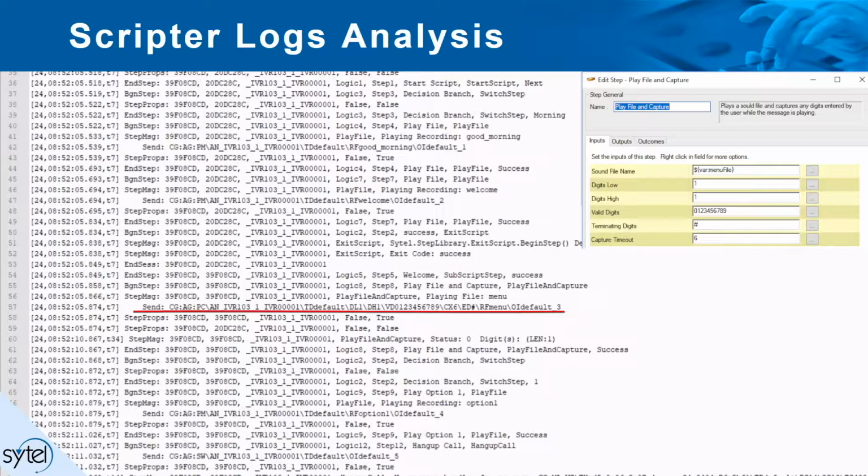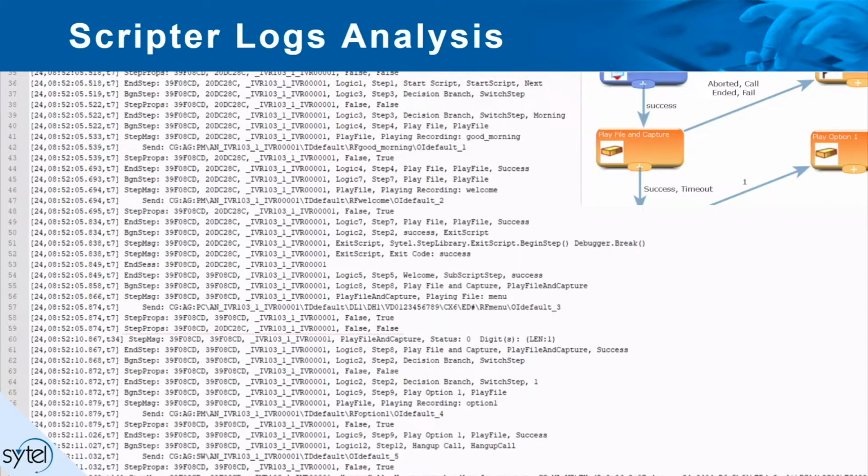The parameters of this message reflect the settings we made in the play capture script step: digits low, digits high, valid digits, terminating digits, capture timeout value, and the name of the recording file to be played. Notice that there are two step props lines for this step, one for the play part and one for the capture part. The step message shows the status of the step, 0 means success, and the number of digits captured, which in this case is 1.